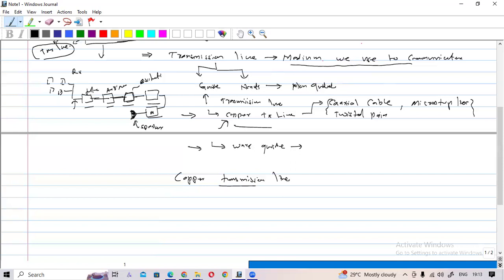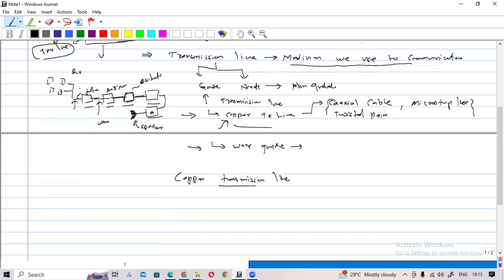That connection is done by a copper strip, copper medium, or sometimes we use waveguide. For example, sometimes from antenna to amplifier we use waveguide.